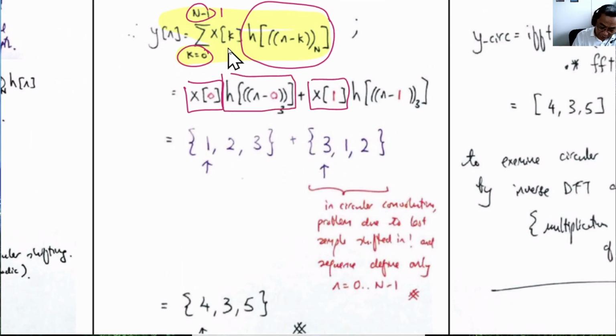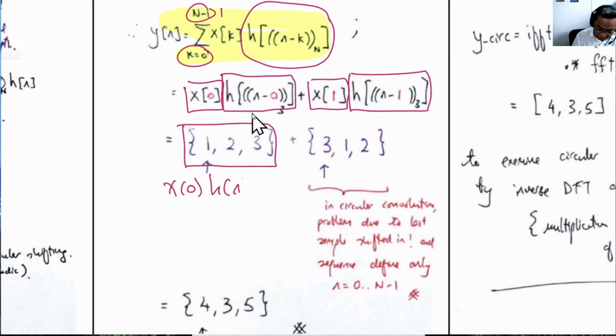And our h now, of course, we have to write with the n modulo 3 index: h[n modulo 3 minus 0]. So this is exactly h[n]. Nothing changed. This is exactly x[0] times h[n] as in our previous case. This x[1] is still 1. There's no change here, but this is not the same as h[n-1] in our previous case. This is h[(n-1) modulo 3], and this is being shifted in.